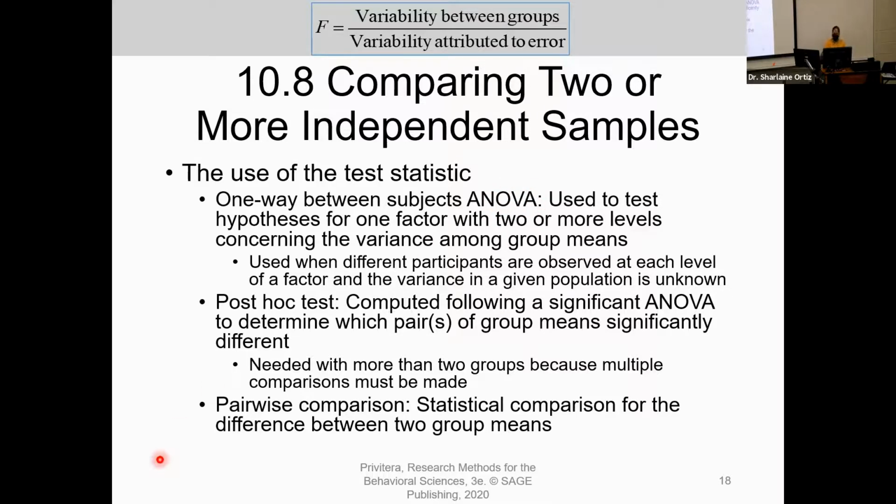What I am trying to do with this statistic, notice that the first criterion to use this type of statistic to measure variability is that generally we're going to have two or more independent samples. And what we're trying to do is again test this hypothesis. But in this case, it's a little different because here we're going to have one factor with two or more levels.